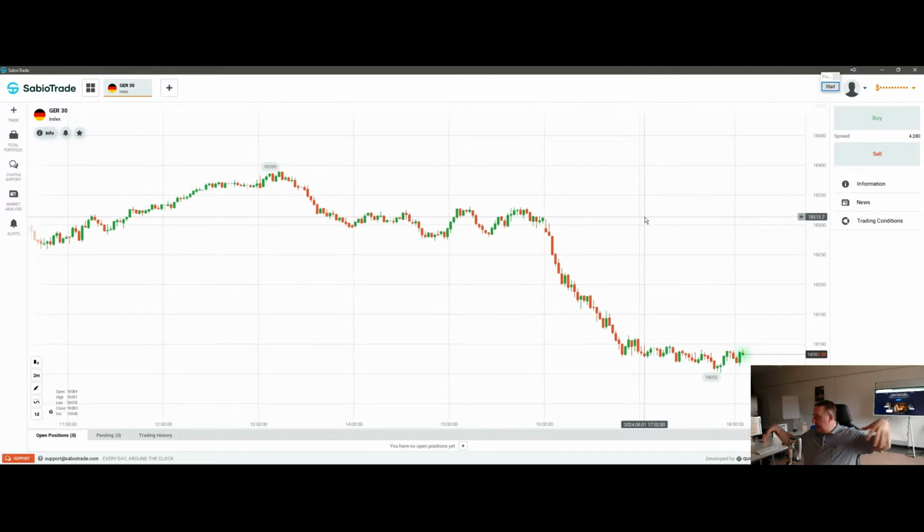Because, for example, if there were 2, 3, 4, 5 people sitting beside me, and all of us were looking at the same chart, I'm quite sure we would have 5 different opinions. Why is that?